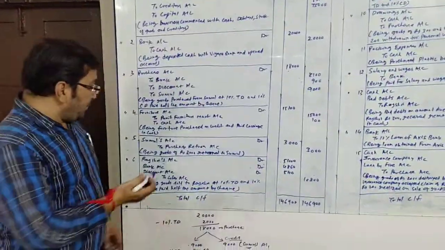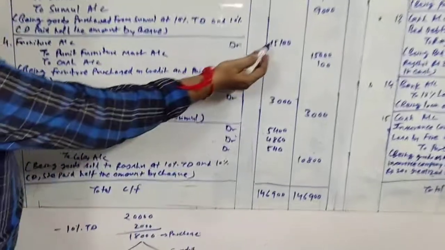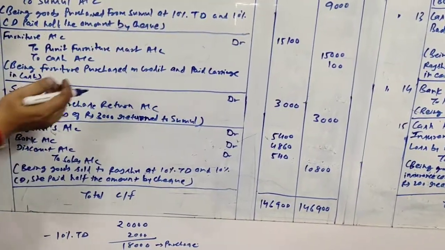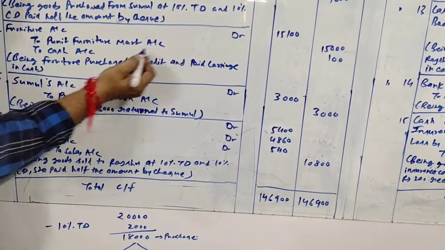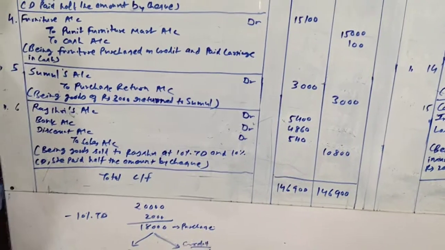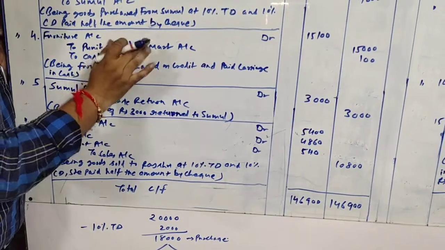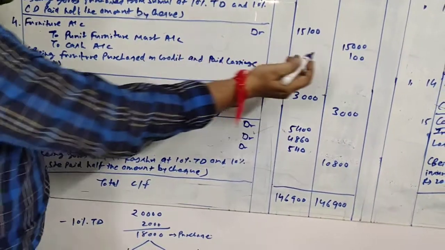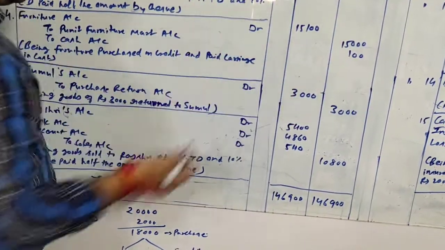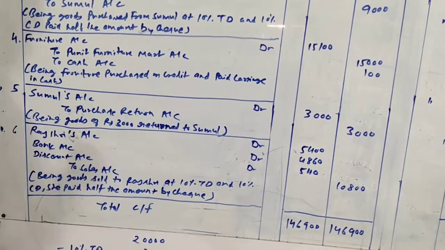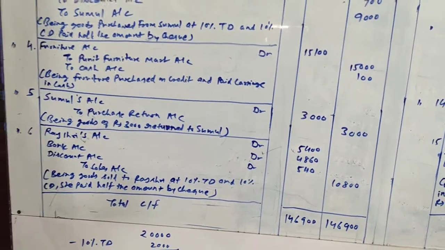Here the entry is furniture account debit 15,100, 15,000 is the furniture amount and 100 is the carriage amount paid for it. And to Puneet Furniture Mart 15,000, which is now payable because furniture is purchased on credit, and to cash account rupees 100 because carriage was paid in cash. Being furniture purchased on credit and paid carriage in cash.